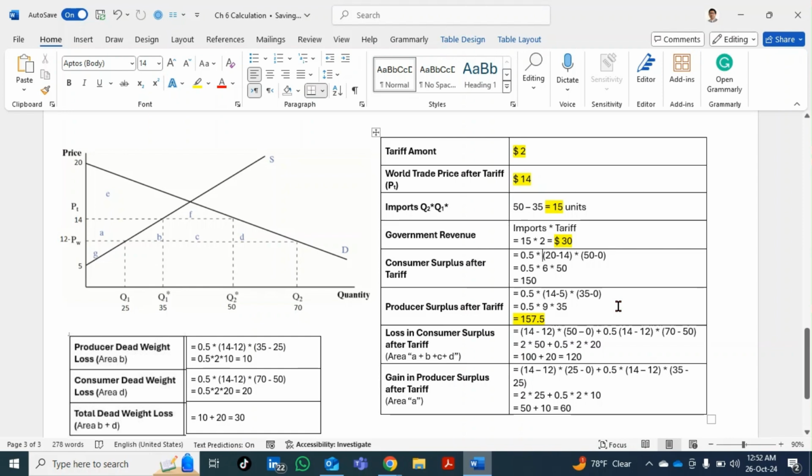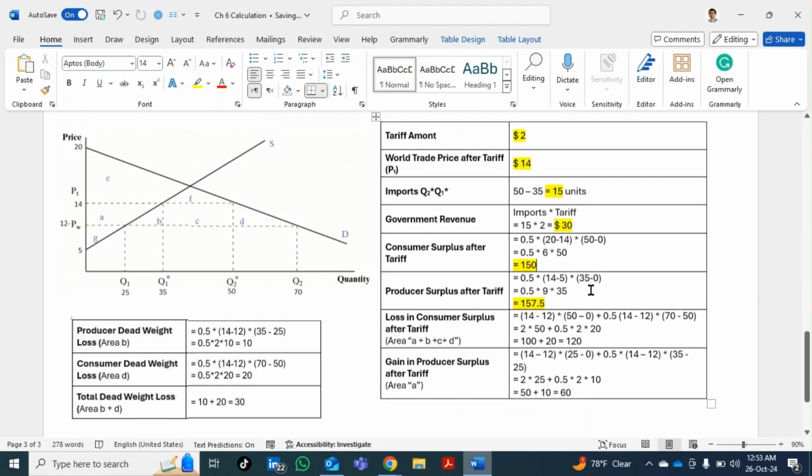The maximum price is 20, the minimum price is 14, multiplied by the quantity. The maximum quantity is 50 and the minimum quantity is 0. So you can say 0.5 multiplied by 6 multiplied by 50. The answer is 150. Now the overall consumer surplus has declined compared to before the tariff.